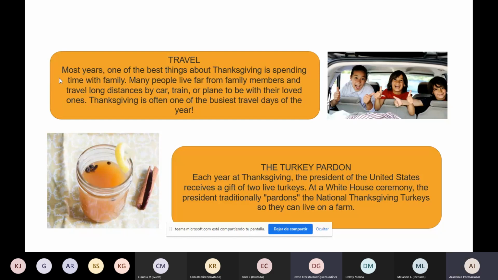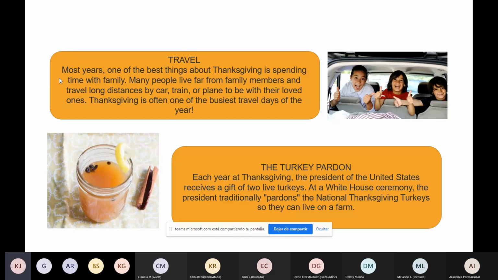Many people live far from family members and travel long distances by car, train, or plane to be with their loved ones. Thanksgiving is often one of the busiest travel days of the year. Thank you.